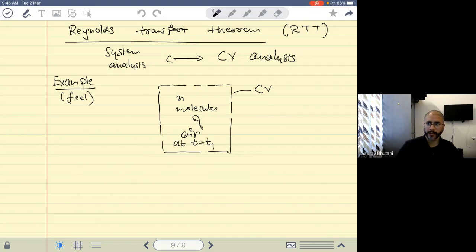So we'll call it at t equal to t1. So if I ask you what is the mass of the system of these n molecules, so I'm defining the system as these n molecules. So the mass of the system is nothing but the mass of the n molecules.